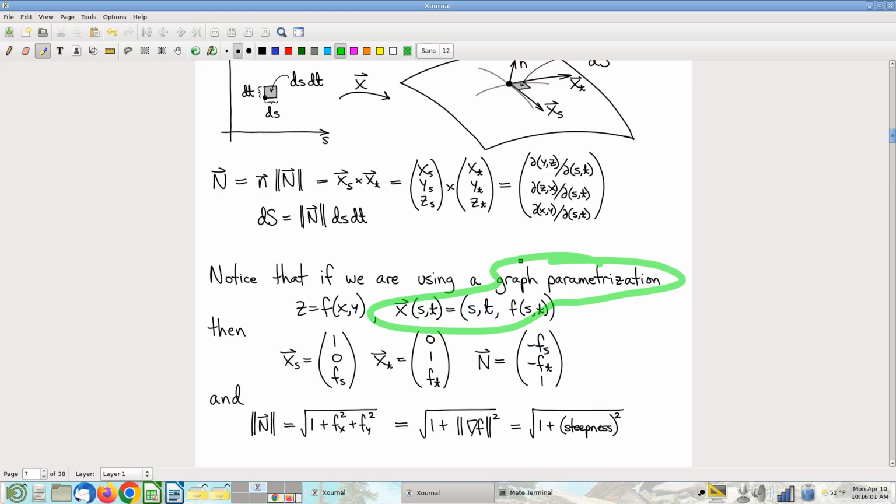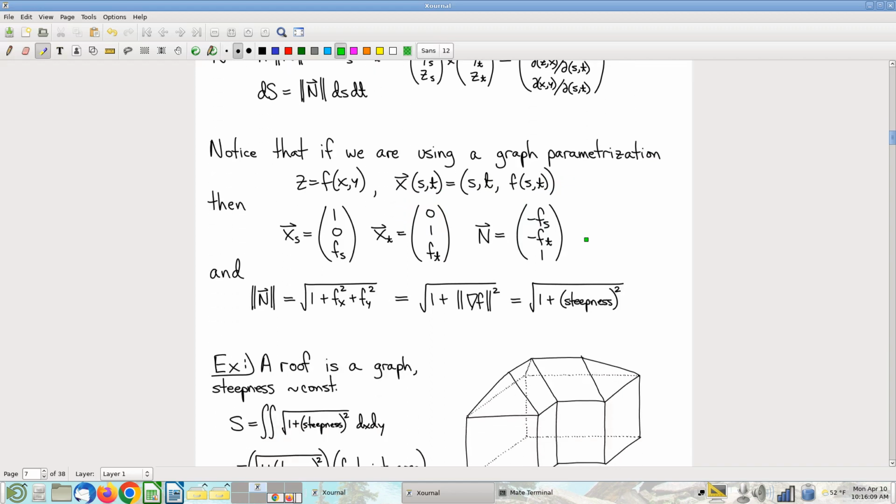Not that it really matters, as there's an analogous version of this when you have the other variables in different orders. But here's the thing: if you are using this graph parameterization, then your xs and your xt are always that formula. So why recompute that every single time? We're going to be using a lot of graph parameterizations, and it's nice to have that already done.